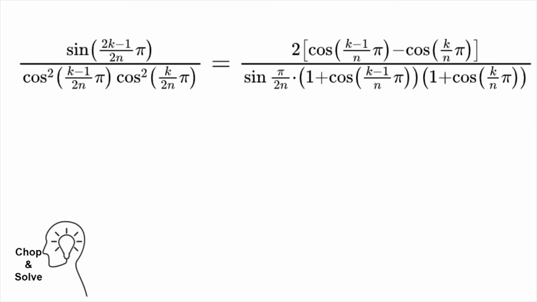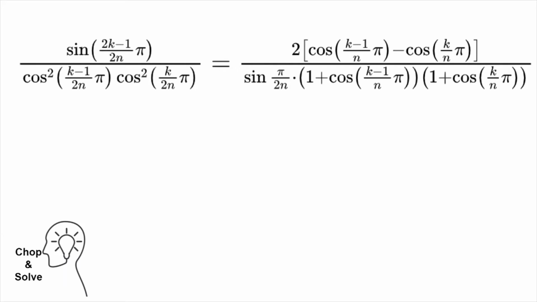After summation you will get a result that is very easy to solve. For that reason, we have multiplied by 4 sin(π by 2n) in the denominator and numerator, and in the numerator we have used the formula cos c minus cos d equals 2 sin((c plus d) divided by 2) times sin((d minus c) divided by 2).